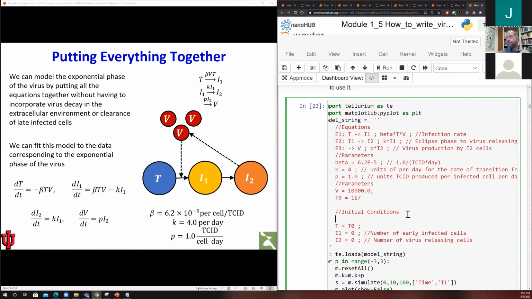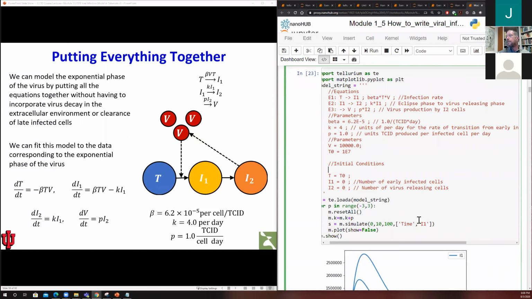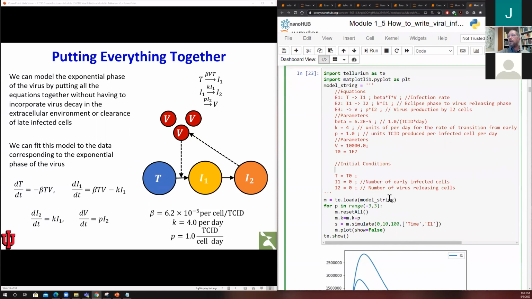That's the one problem with having it zoomed. It's hard to see. Okay. And we need to specify also the initial amount of virus. And now for this one, I think it's okay. We'll start with this.